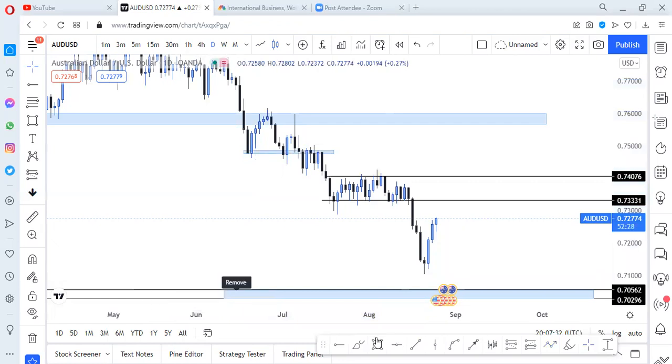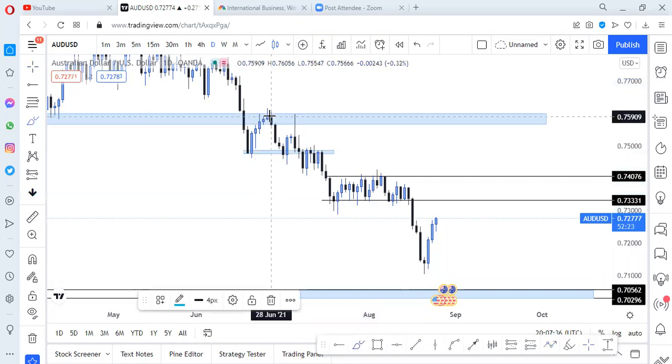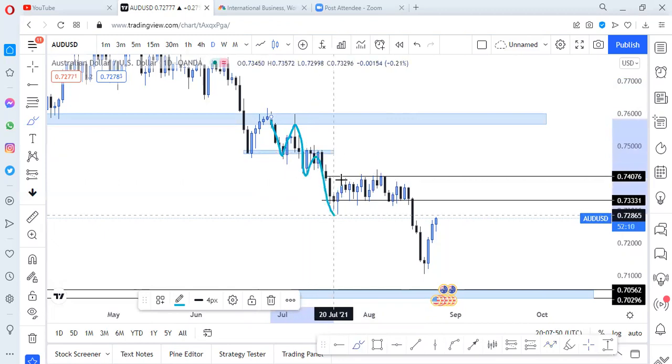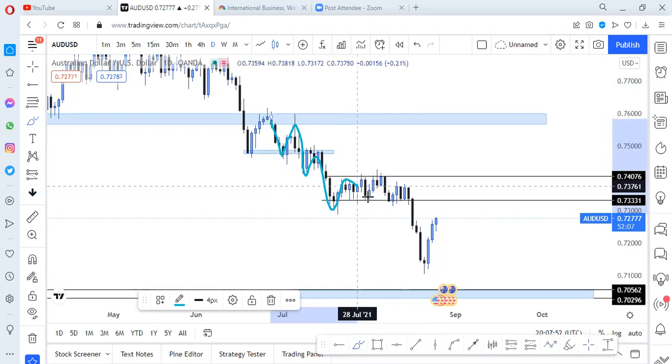For those who can't see, let me just draw it with this one. Break, retest, break, retest to the upside, then consolidation inside a channel, right? Now, after this consolidation, what happened?